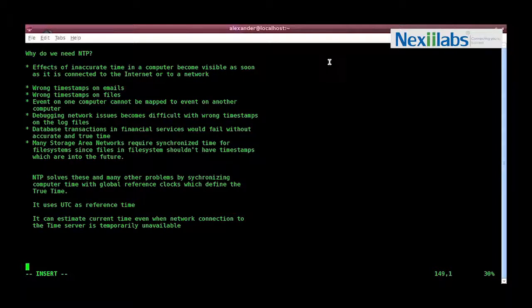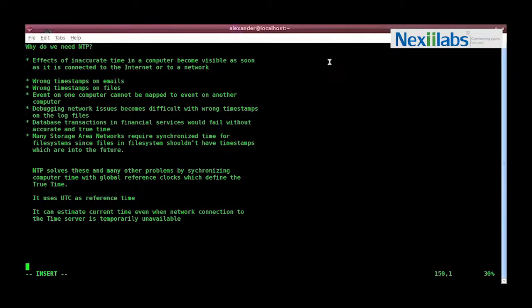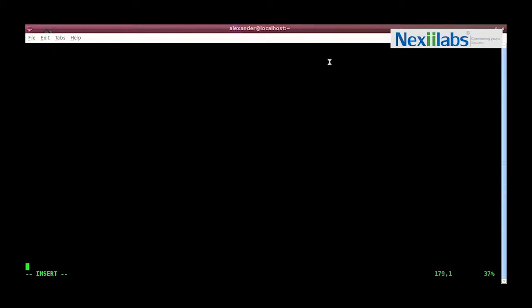So let us consider three different scenarios in which NTP could be used. The first such scenario is a home-based computer. A simple NTP setup for a home computer connected to the internet could be that it gets its time from several public NTP servers.